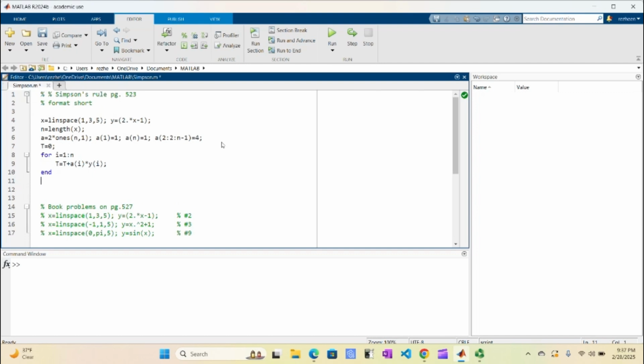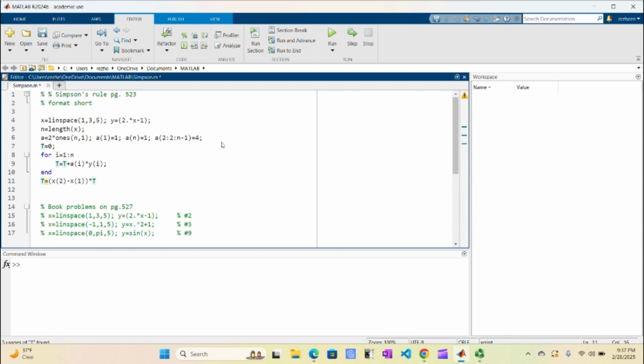And next, we need to have the delta x divided by 3, just like the equation. So we'll say t equals x of 2 minus x of 1, like this, and multiplied by t, obviously.